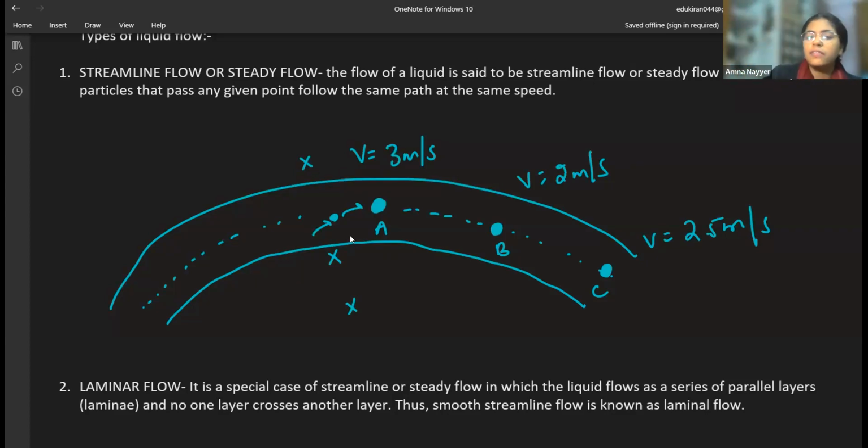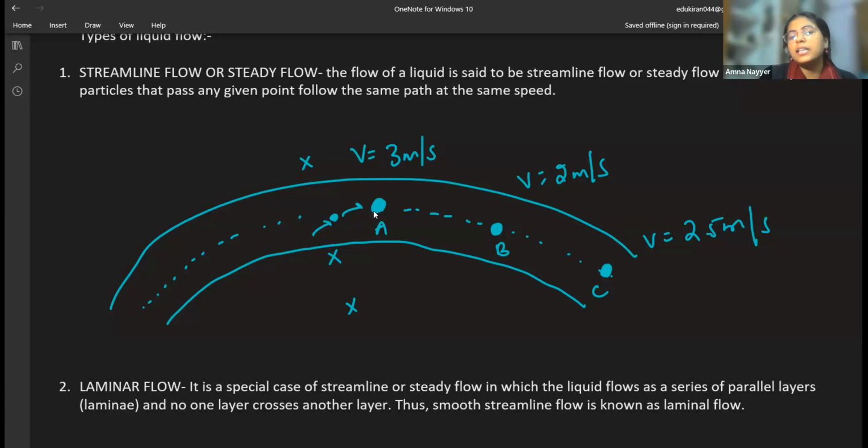But no, whatever was the path of the predecessor, the successor will follow it. A already came with this velocity at this position, so the second particle will also come at this position only with the same velocity.